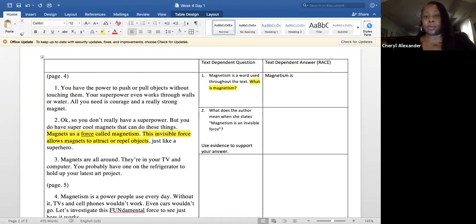That's my answer statement, so let me highlight that as my answer statement. Now I'm going to give my answer in my own words.